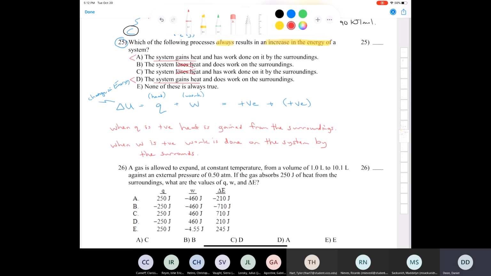So you can see that in A, it says the system gains heat and has work done on it by the surroundings. And so that is a scenario where our Q is going to be a positive number and our W is going to be a positive number. And that's the only scenario that you could run into where the delta U will always result in a positive number. Only possibility, and so the answer will be A.